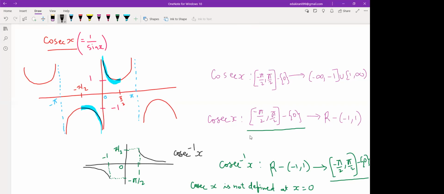So this is the principal value region, right? This is the principal value region of cosec x.